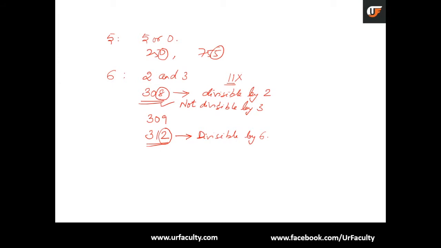Because you will come across problems in CAT or in bank exams or in GRE where they will ask what number has to be added onto a particular number to make it divisible by 6 or 26 or whatever. If you understand this logic, all that you have to do is apply what I did now.